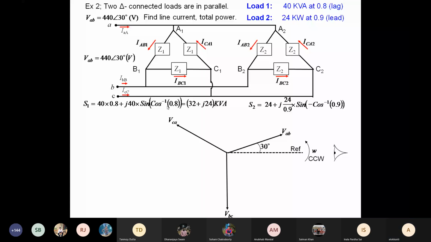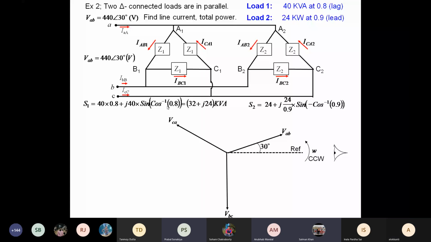So kVA is what? Reactive power? No, that's the apparent power.